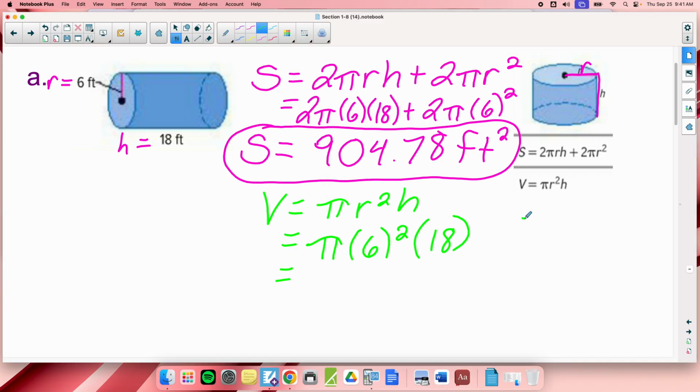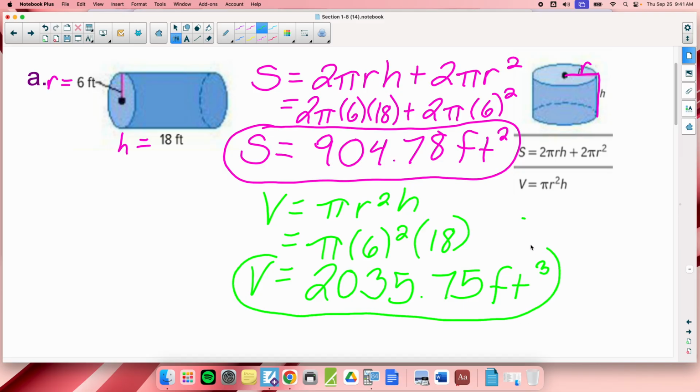Is that what you guys got? Okay, 2035.75. And what units would that be if it's volume? Feet cubed. Okay. Everybody understand that one? Okay.